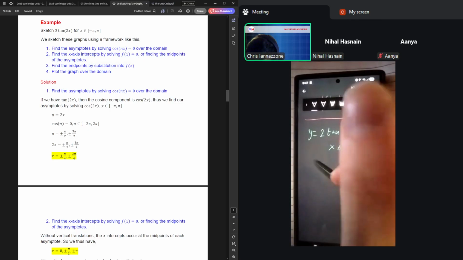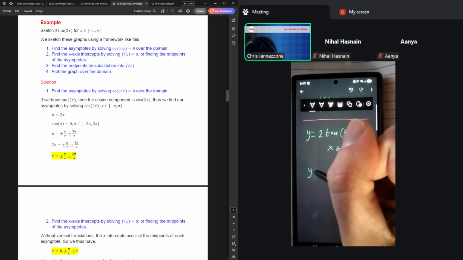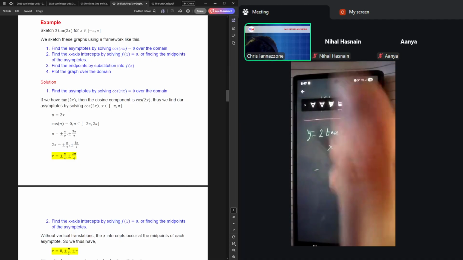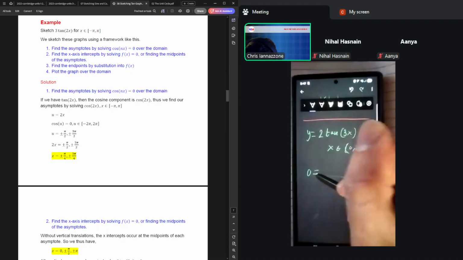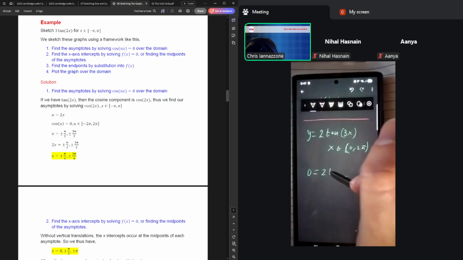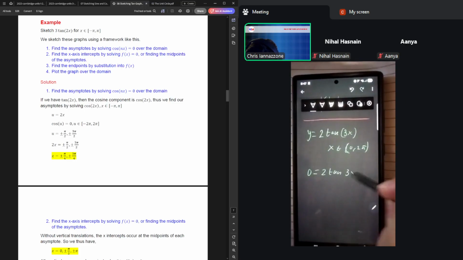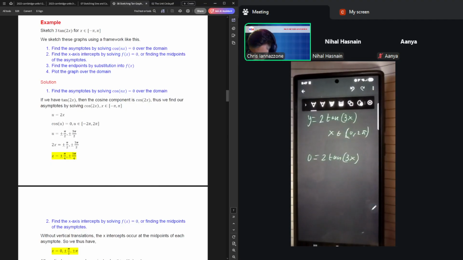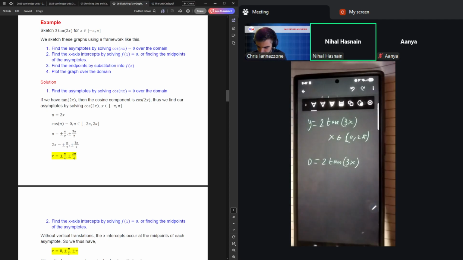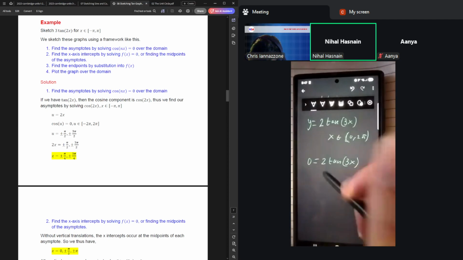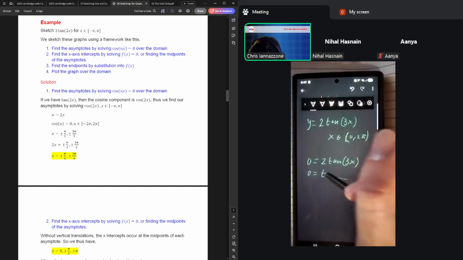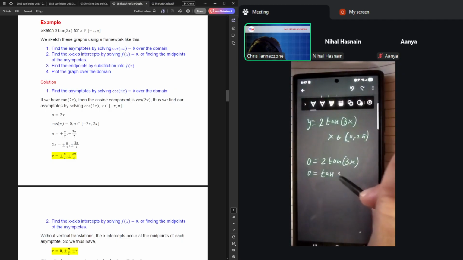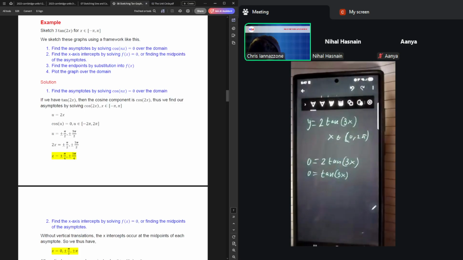Yep, so 0 equals 2 tan 3x. Where do we go from here? Well, we can divide both sides by 2. Yep, getting the circular function on its own and an exact value on the other side.